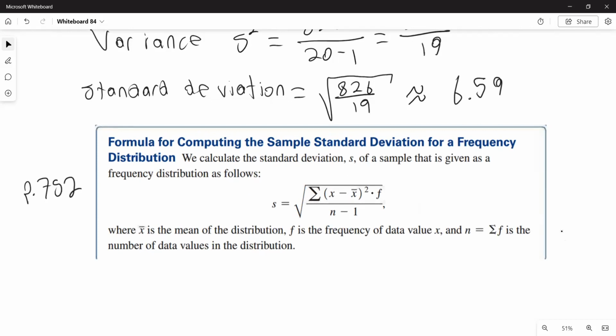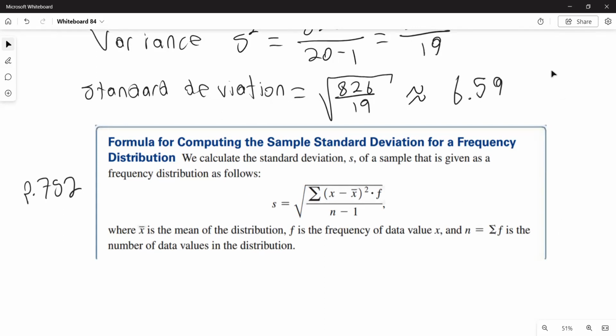So we calculate the standard deviation of a sample that is given as a frequency distribution as the square root of the square deviations multiplied by the frequencies over the total number of data values minus 1, where x bar is the mean of the distribution, f is the frequency of data value x, and the sum of the frequencies is going to be the number of data values.